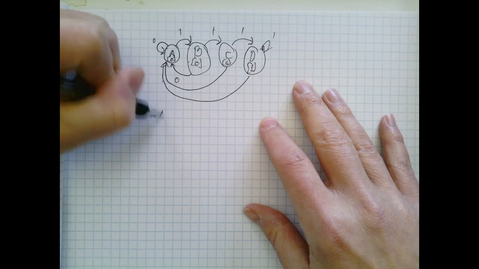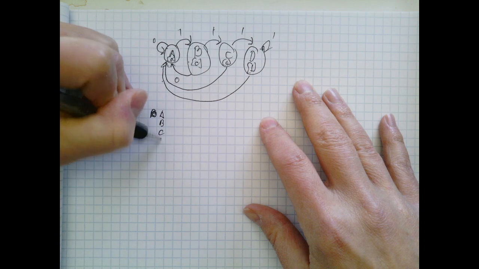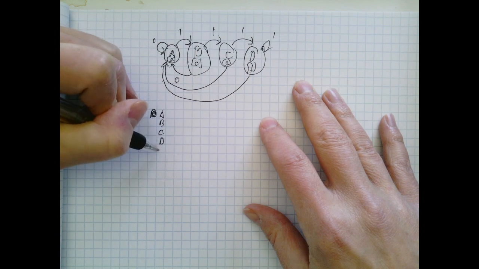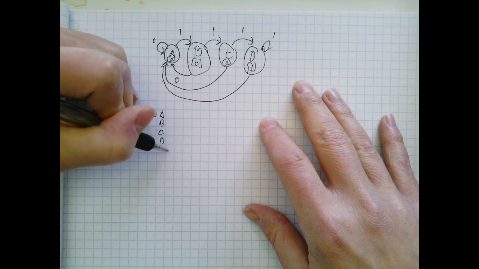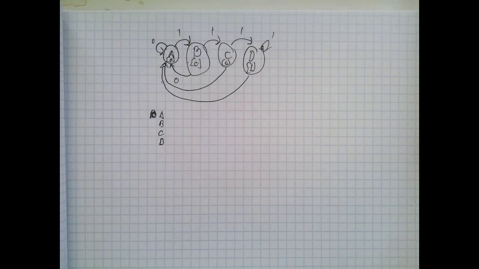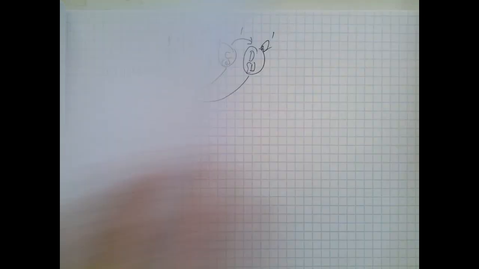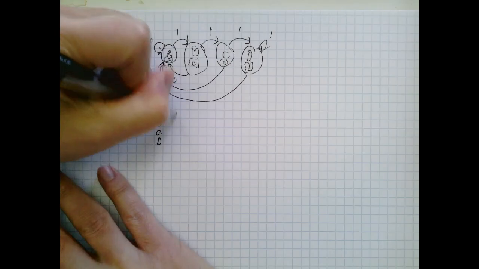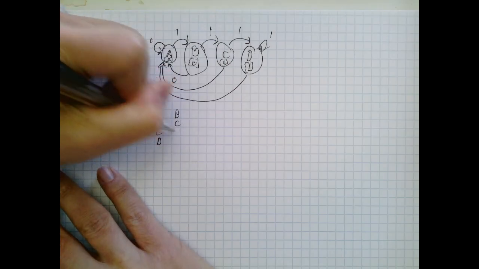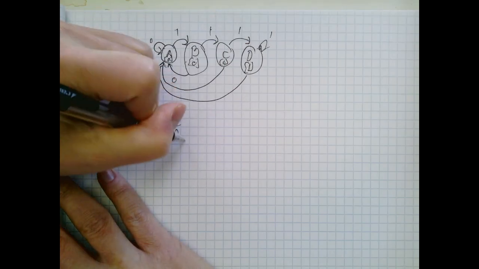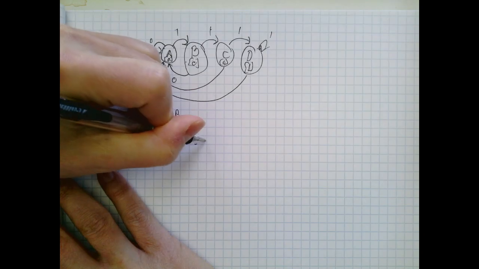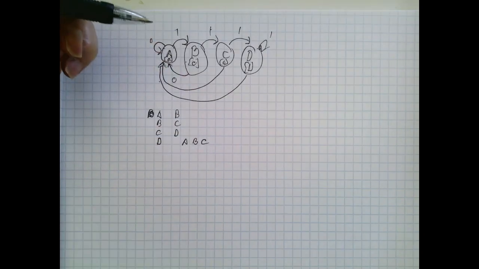Let's see. A, B, C, D. Let me just go back a second. Yeah, I got that backwards. B, C, D, A, B, C. Right?